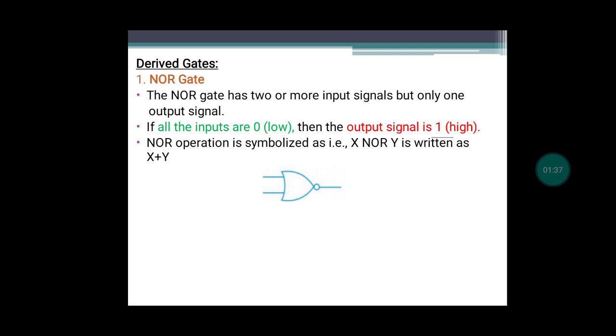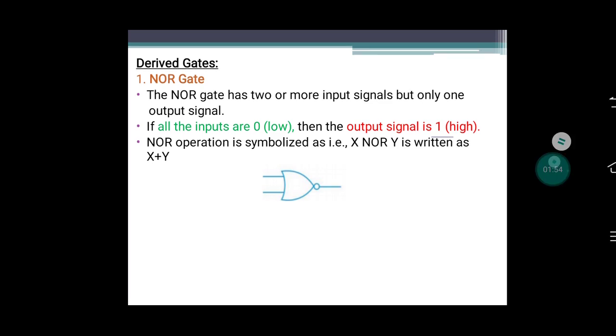Yes, all the gates are producing only one output signal, but they can accept two or more inputs. So this gate also accepts two or more input signals, and it is producing one output signal.